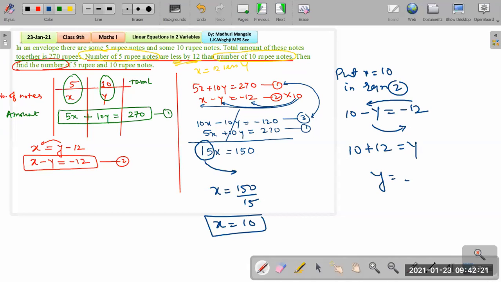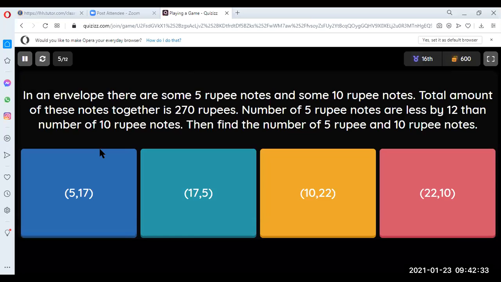So you have got the value of y and you need the solution in x comma y format. Almost I have solved the complete problem. You just need to select the correct choice. Yes, students, on your screen you are able to see the choices here. Which is the correct one?